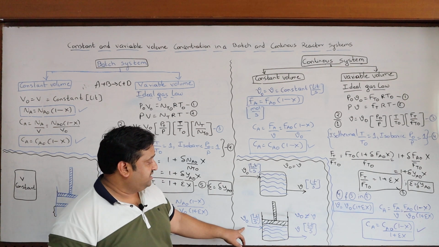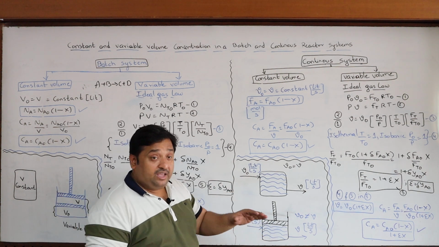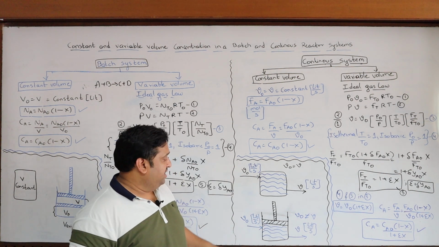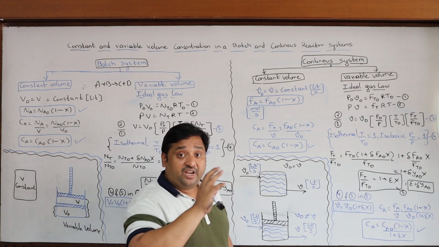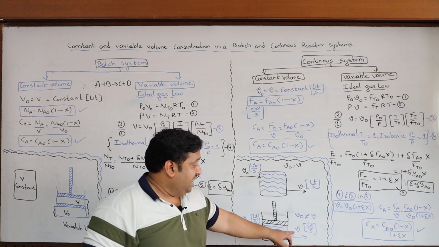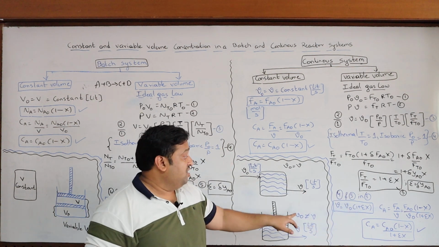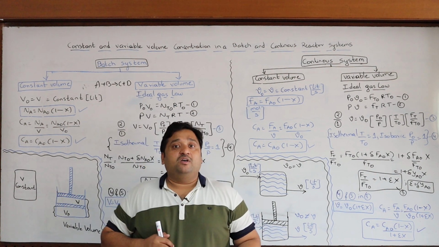The other case is variable volume, where I am allowing things to expand and contract in the reactor. Pictorially, V0 liters per second goes into the reactor, and V liters per second comes out of the reactor. Both are not the same because of the change in moles.